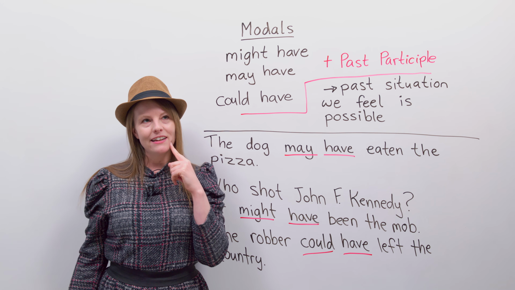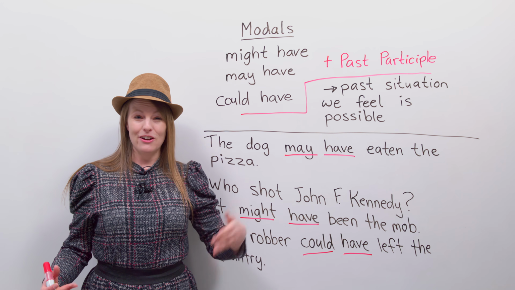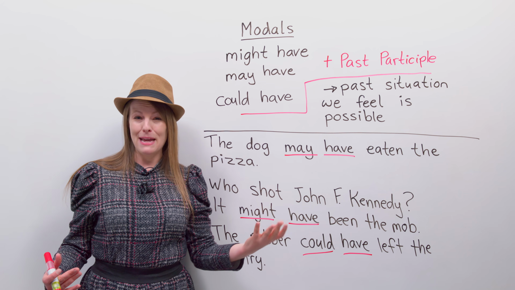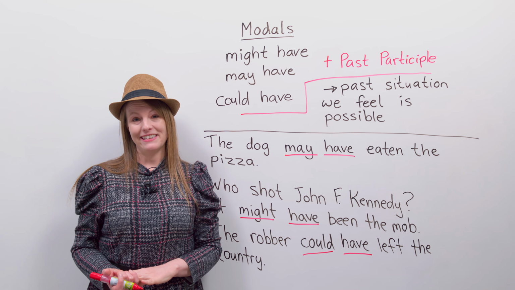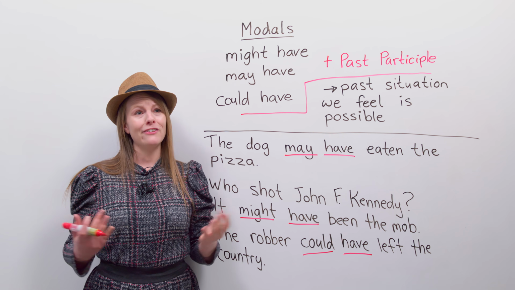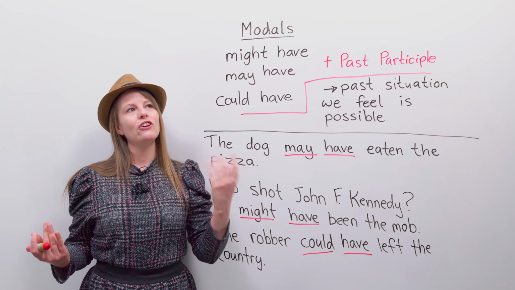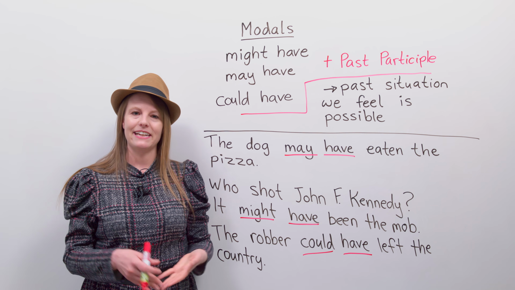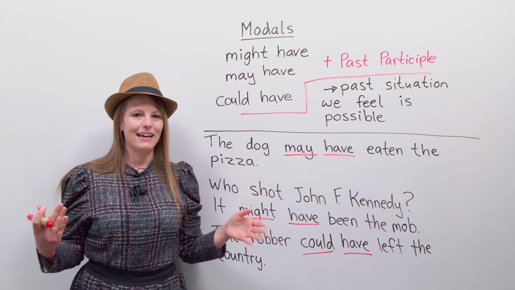Or maybe my brother James came over when I wasn't home, and maybe my brother James, he may have eaten the pizza. Maybe my sister Audra may have eaten the pizza. Oh, but she couldn't have. She lives in the United States.